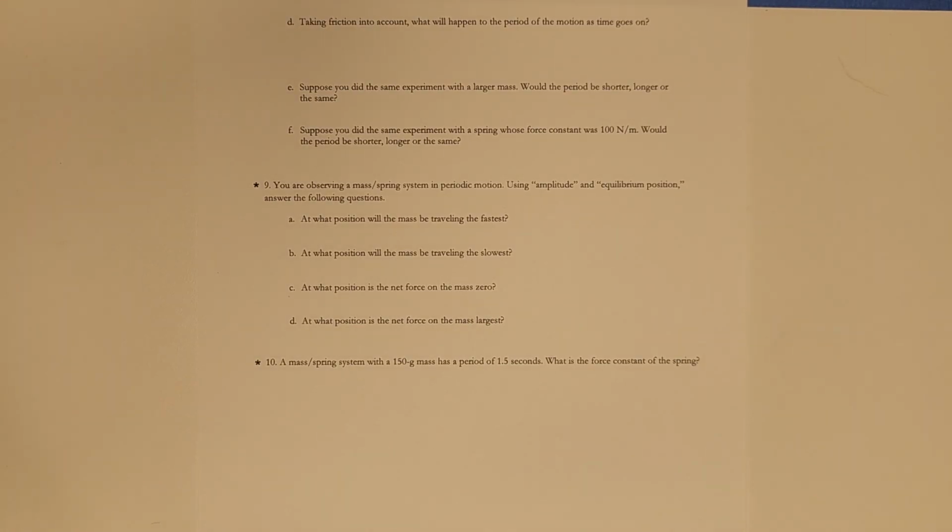For question 9, you are observing a mass spring system in periodic motion. Using amplitude and equilibrium position, so we're wanting to see these keywords in every answer, answer the following question. For A, at what position will the mass be traveling the fastest? And so this is going to be at the equilibrium position because the mass has been speeding up from the amplitude.